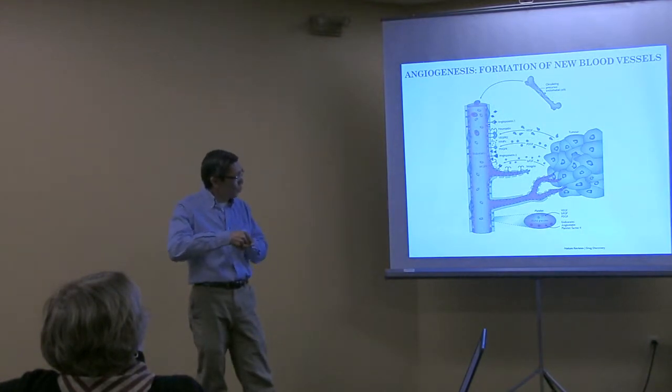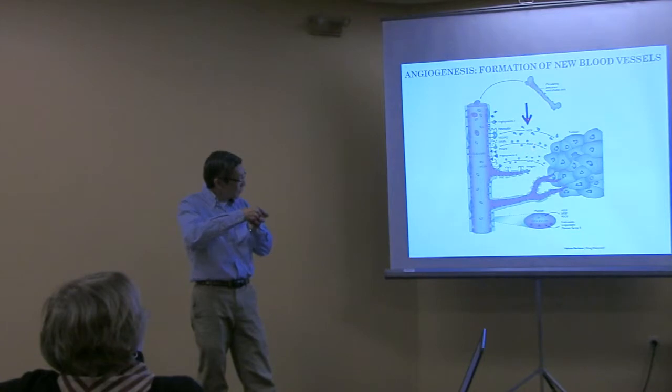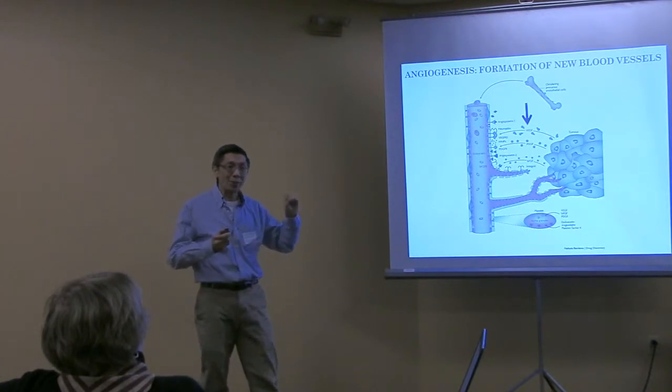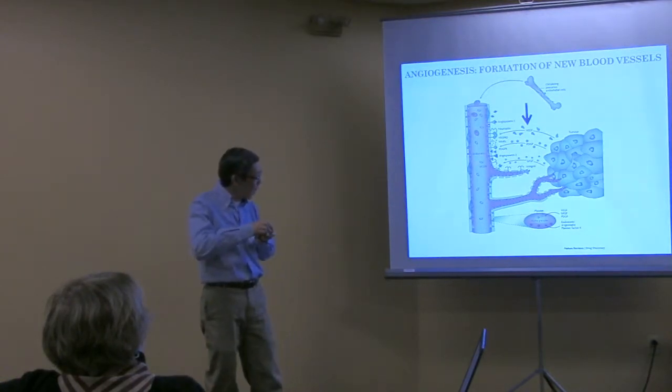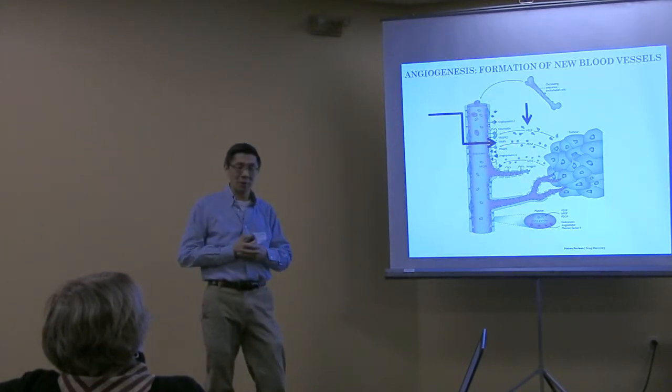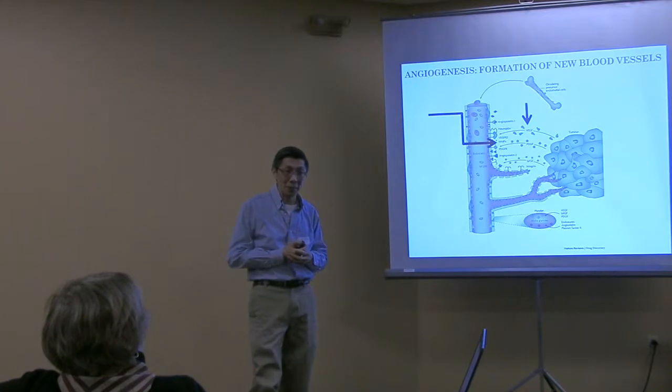So what the tumor does is to send out these signals, and these are growth factor signals. There's a ton of them. And it tells the parent vessel to say, hey, it's time to sprout new ones. And then the sprouting involves obviously a lot of things, but I'm focusing on these enzymes called matrix metalloproteinases, or MMPs.